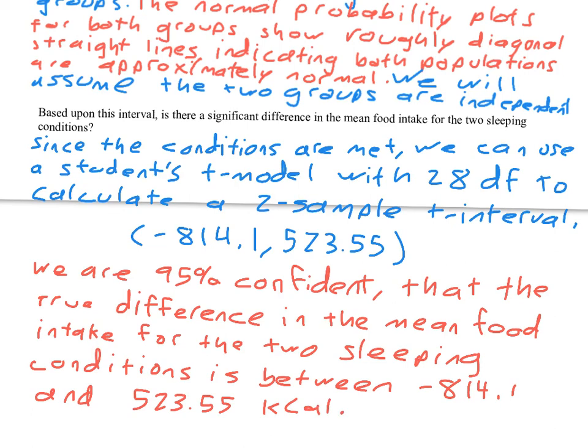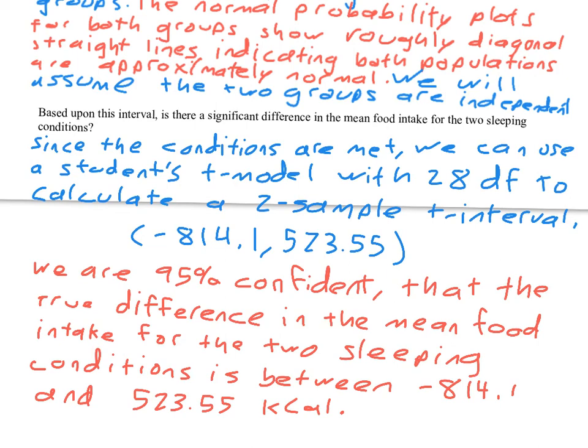Okay, there's still one more question we haven't answered. Based upon this interval, is there a significant difference in the mean food intake for the 2 sleeping conditions? So because 0 is in the interval, that means there is not a significant difference. Because no difference means when you subtract them, you get 0.